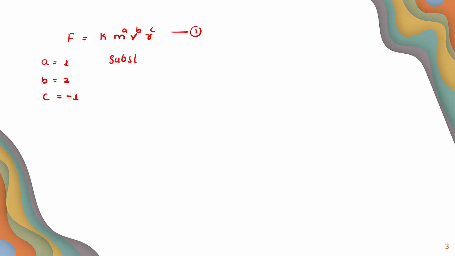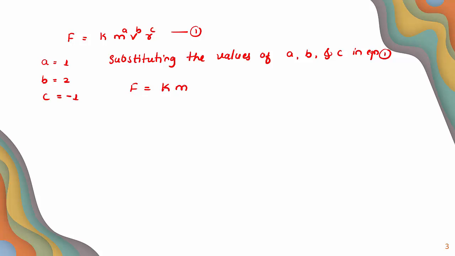Substituting the values of a, b and c in equation 1, we got F equal to k into m raised to a equal to 1, v raised to b equal to 2, r raised to c equal to minus 1.